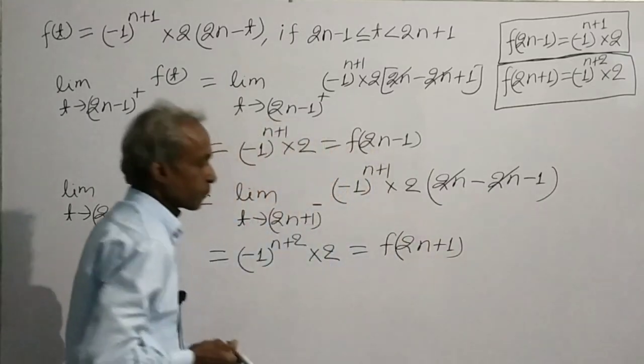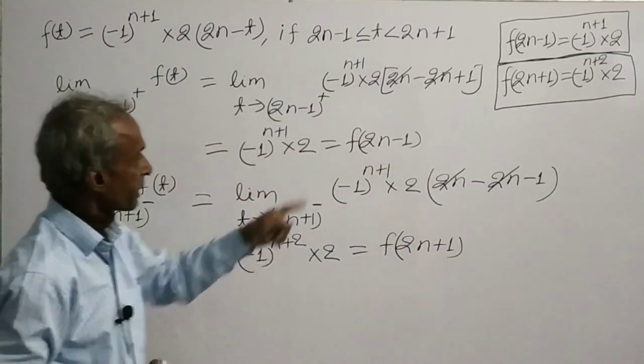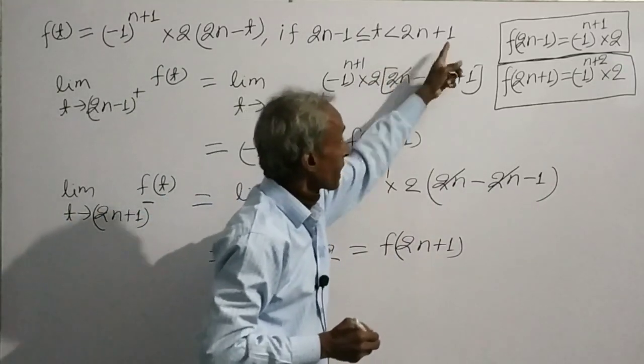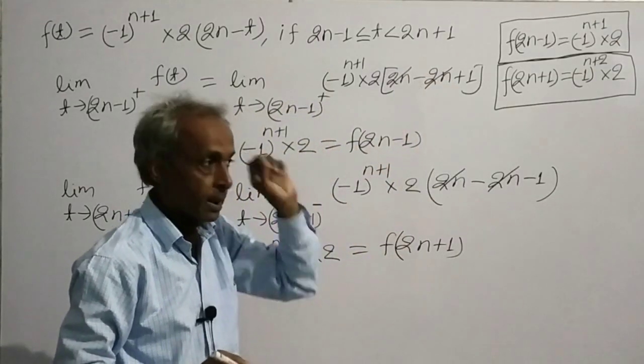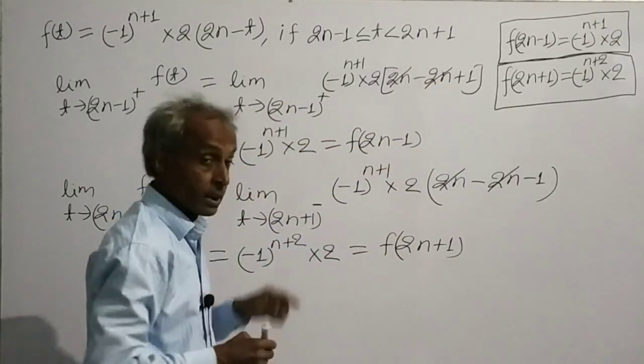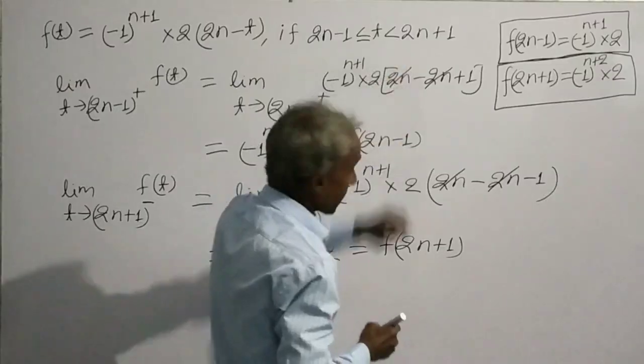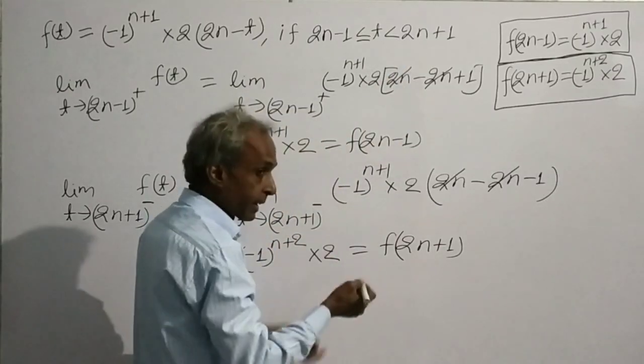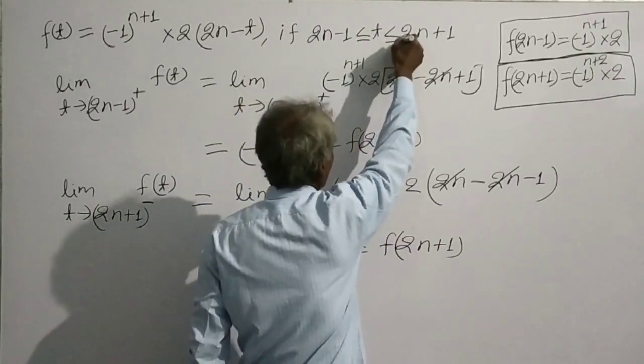That means this function is continuous at 2n plus 1 from the left hand side. Therefore, in place of less than, we can write less than or equal to.